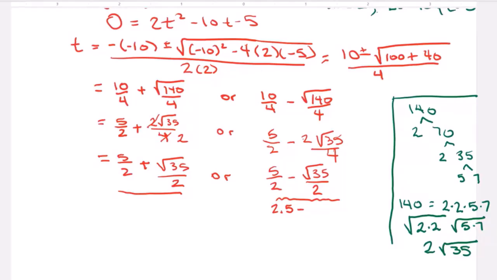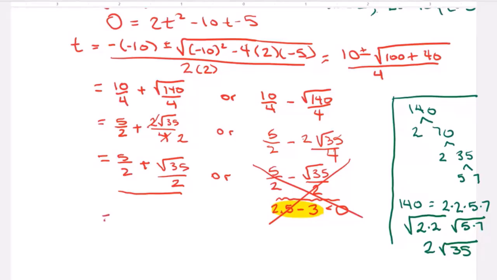And 6 over 2 is 3. Notice this is going to give me a negative number. Since it's going to give me a negative number, and we never talk about time as a negative value, we really don't have to worry about this, because we're only talking about into the future, right? We're not talking about the past.